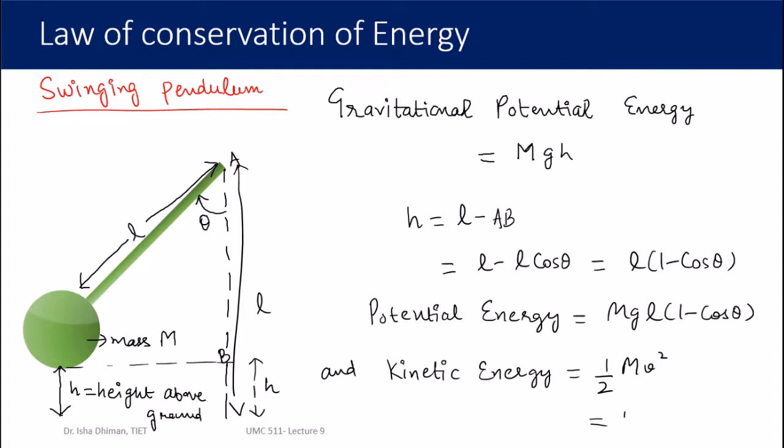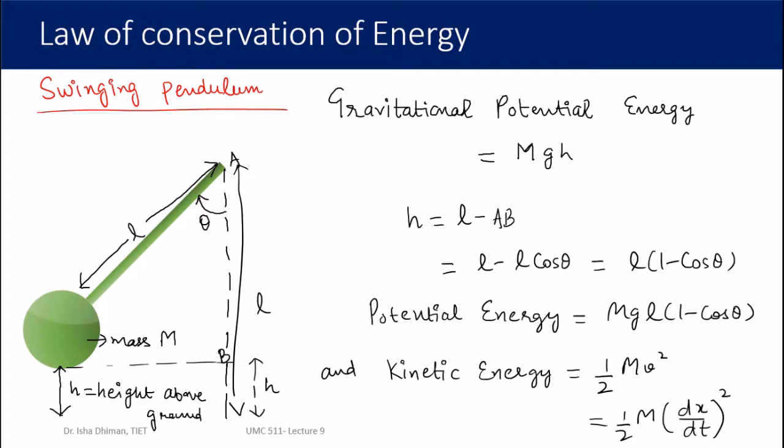It's half mv square, which can be written as half m (dx by dt) square, because when you set the pendulum in motion, it starts oscillating, so it will generate an angular velocity associated with it. So basically this v is the angular velocity. It's further given by dx by dt. Actually it should be d theta by dt, because there is no other kind of displacement we are talking about; we are talking about angular displacement here.